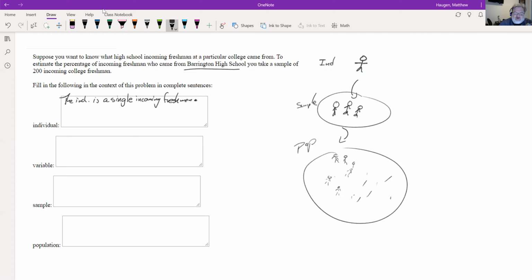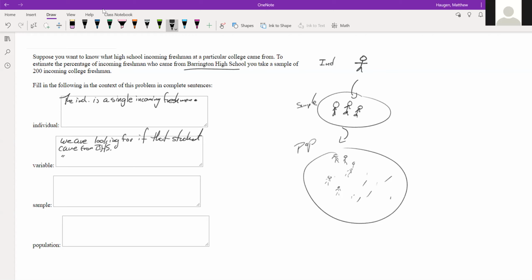So our variable is, or however you want to start that sentence, we are looking for if that student came from BHS. Brookings Harbor High School.